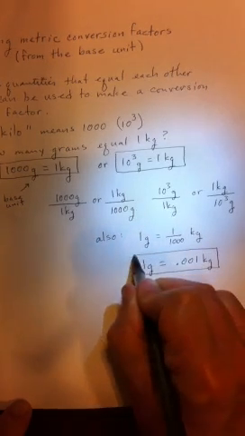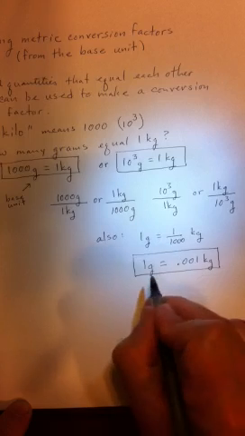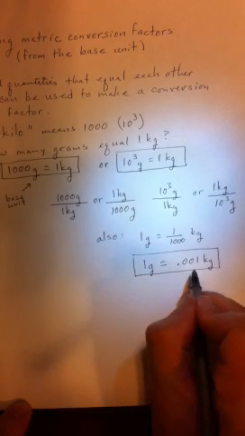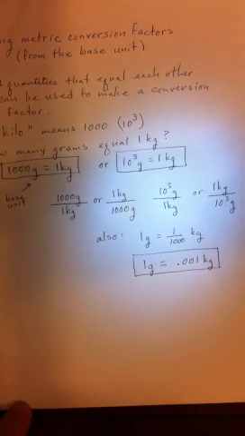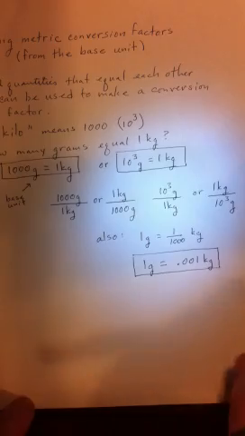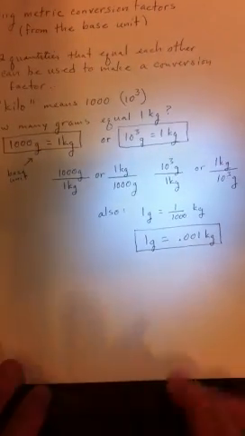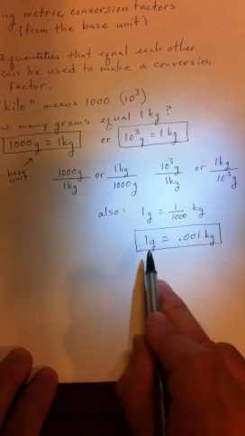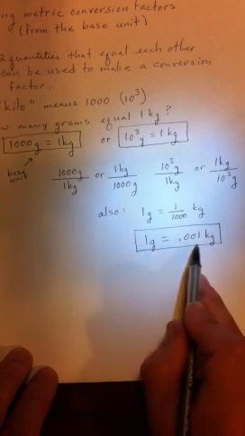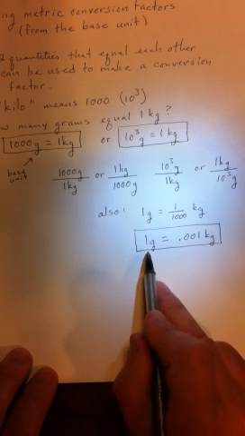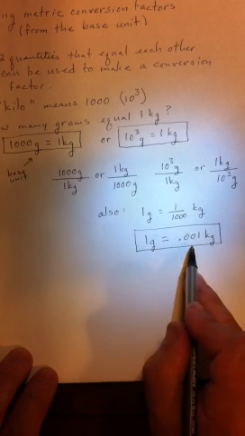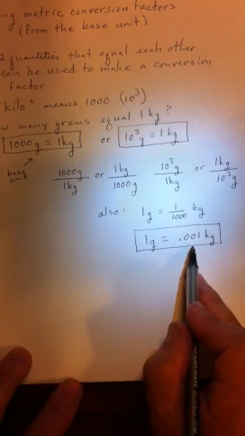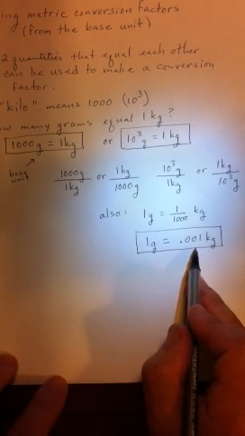And you could have made a conversion factor out of these two things. This is a true equality. The most important thing is to be certain that the two items you set equal to each other really are truly equal. That 1 gram really is 1,000th times the size of 1 kilogram.